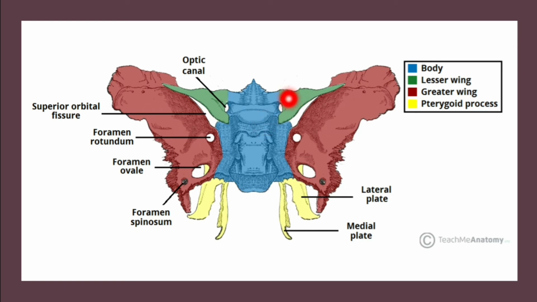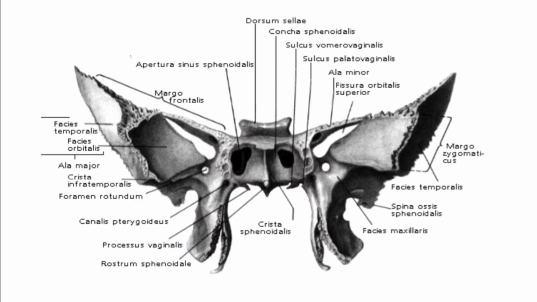The wings, these are the lesser wings, and these ones in this maroon color are the greater wings, and in yellow, the pterygoid processes. Don't worry about the labels, I will talk about them.